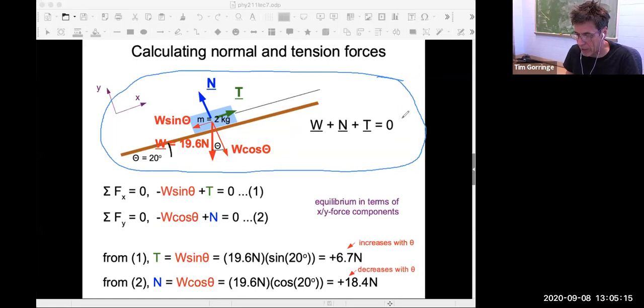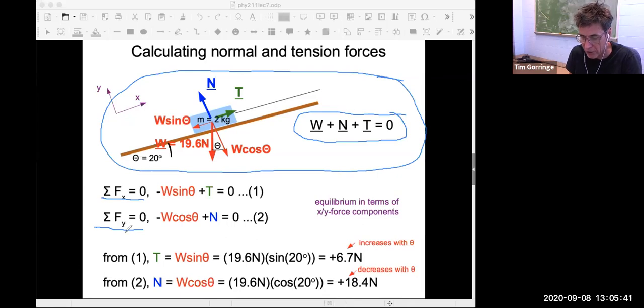And over here, writing out the equilibrium condition, that the three forces must add up to zero if the thing's at rest and staying at rest. So then what I did was rewrite this equilibrium condition, that the sum of the three forces is zero, but write it out in terms of the components of the force that are along the incline. So that was the x direction, the components of the force that are perpendicular to the incline.